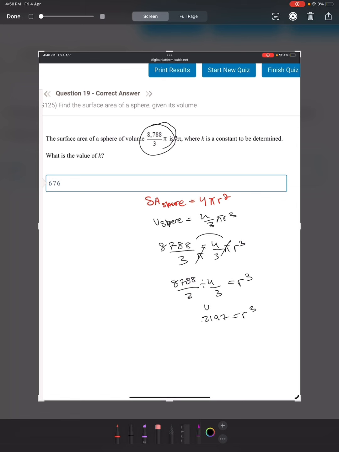So now you're going to do the shift radical again. You get r to be 13. Now we can solve for the surface area of a sphere. That's going to be 4 pi r squared, 13 squared. So you just do 4 times 13 squared.